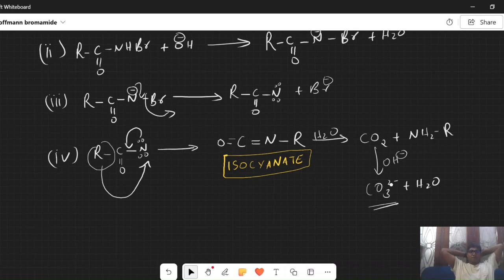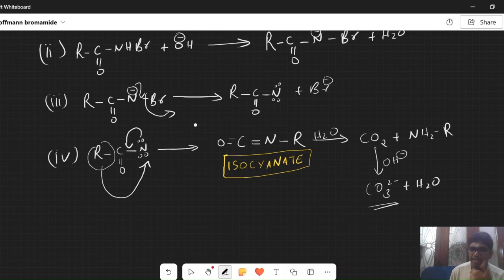Now we will come to the problem, whether the third step is the rate determining step or the fourth step is the rate determining step. But before that, we will look at some evidence for the mechanism. Let us consider the fourth step to be the rate determining step.